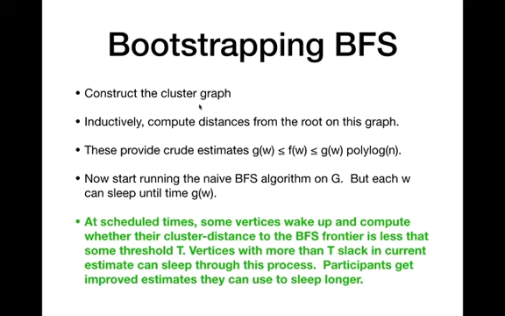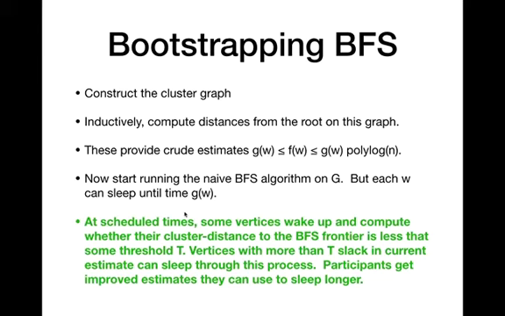So we constructed the cluster graph and we computed distances, and then we want to do something like sleep until the lower bound, but we're not going to do exactly that. What we're going to do is use these lower bounds to determine a schedule for when to wake up, right?